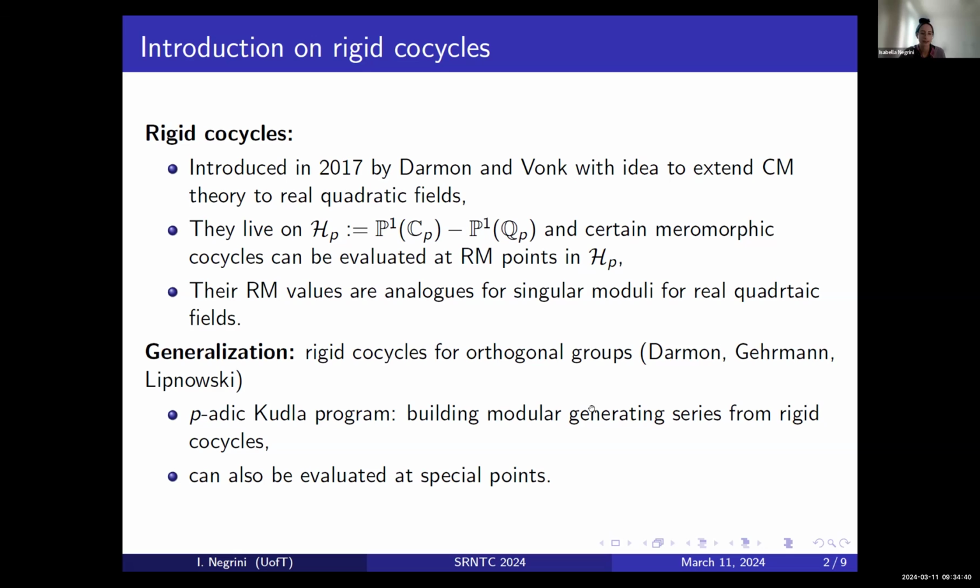The work that I present today is about the original cocycles, so the ones for signature (2, 1). And it fits into this picture of building modular forms, because we will build the modular forms from its coefficients.